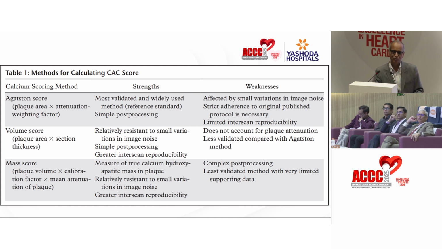You perform now and you perform later from the same data set, you could have differences in values. However, it is the most widely available procedure. You've also got the volume score and the mass score, which are not as widely validated and not widely available. So as of now, it's mostly the Agatston score which is in place.